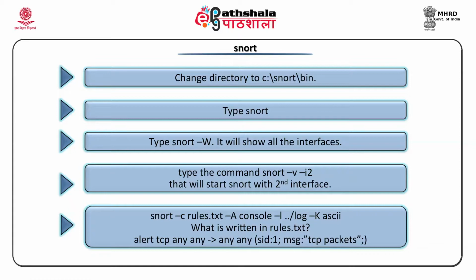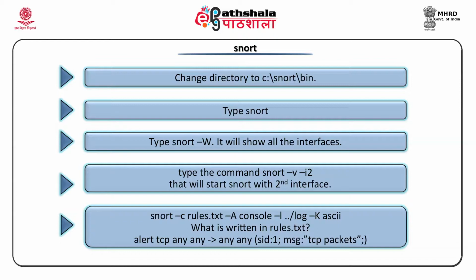Then we have said ../log. You are right now in the bin directory. The log directory is in the parent directory of the bin directory. Who is the parent directory of the bin subdirectory? Snort. So in Snort you will have a log folder where you want to log all the records. So -l ../log -K ascii.